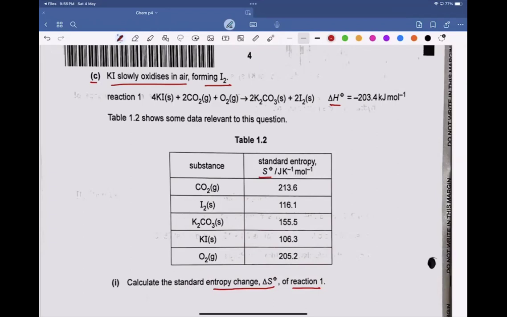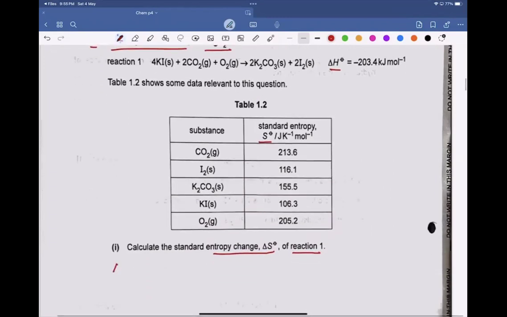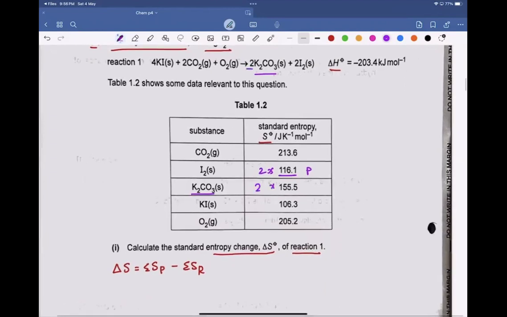So change in entropy is basically the entropy of the products minus the entropy of the reactants, right? So the change in entropy would be the sum of entropy of products minus the sum of entropy of reactants. In the products, we have iodine and we have 2 moles, so we have to times it by 2. We have K2CO3 and its 2 moles are also there, so we times it by 2.